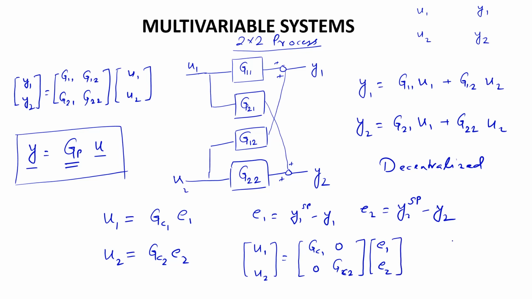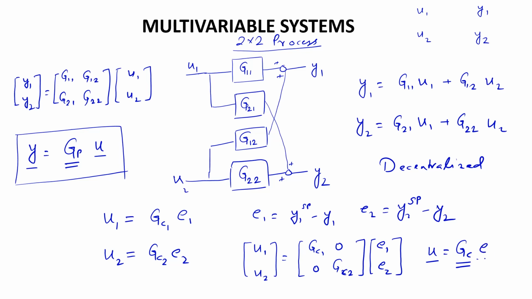This is the same as saying vector u is equal to controller matrix gc, which is a diagonal matrix with gc1 being the 1 1 element and gc2 being the 2 2 element, and the off diagonal terms being 0, times vector e.